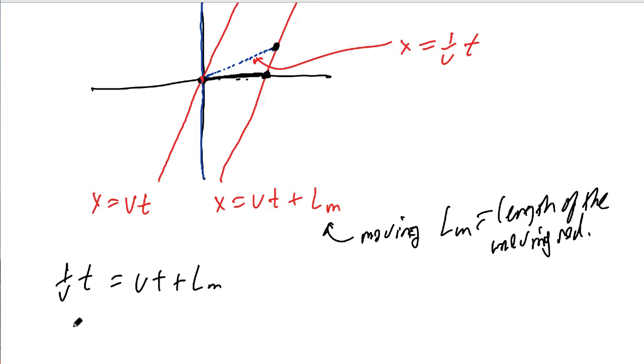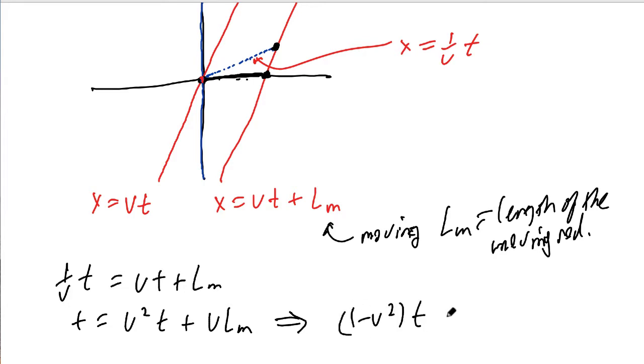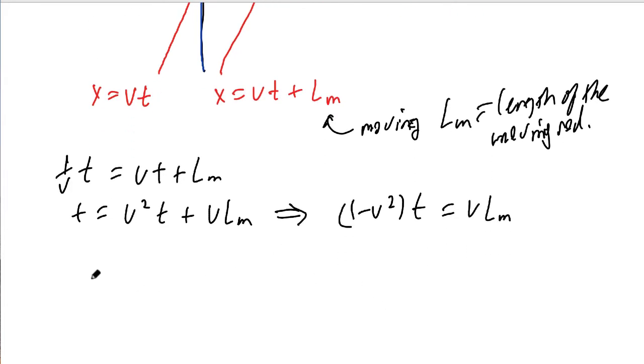Simplifying, we have t equals v squared t plus v times lm, which tells us that (1 minus v squared) times t is equal to v lm, or t is equal to v times lm divided by 1 minus v squared, but that's gamma squared.